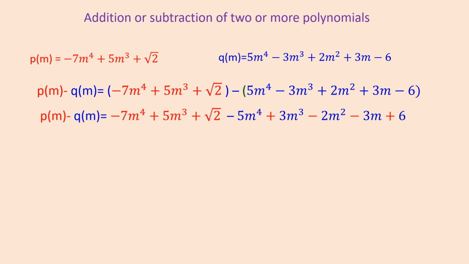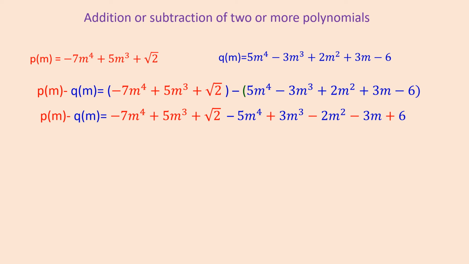So see here, you will get minus 7m raised to 4. The first bracket has outside no sign, no number, meaning plus 1, so no sign will change in the first bracket. All the terms will come along with the same sign: minus 7m raised to 4 plus 5m cube plus root 2.